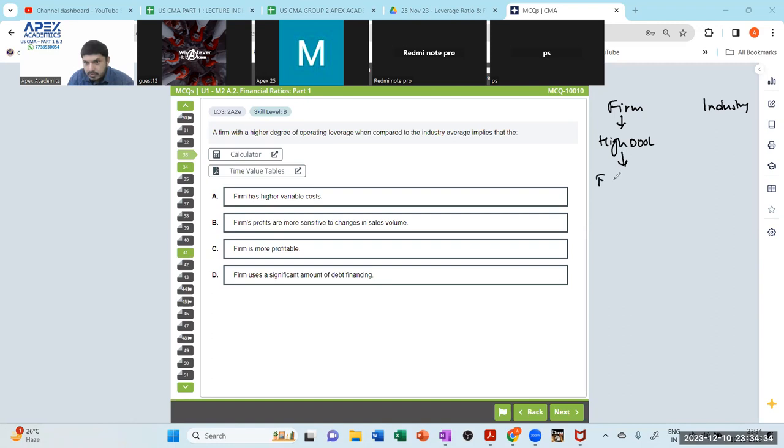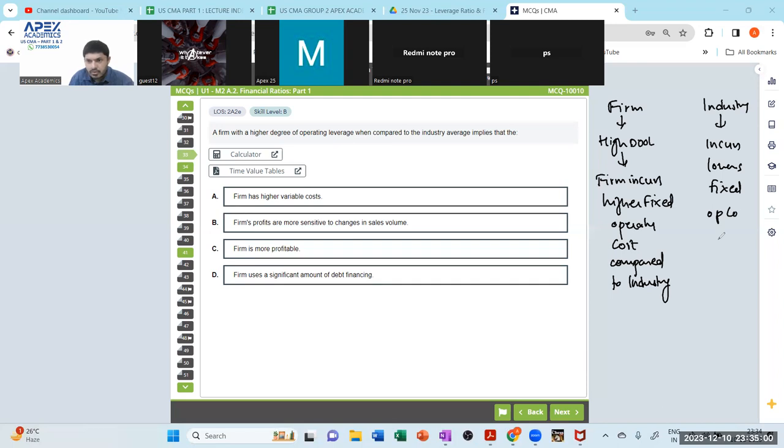This firm incurs higher fixed operating cost compared to industry. Industry incurs lower fixed operating cost compared to firm.